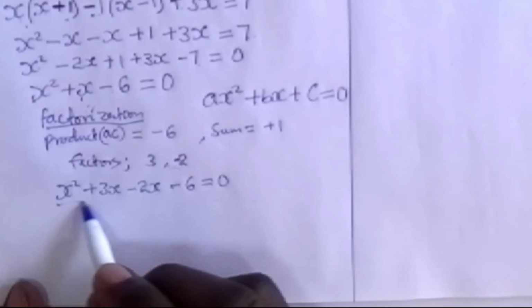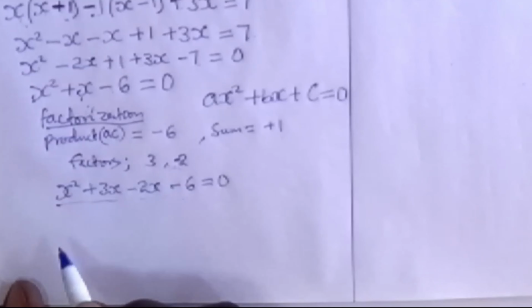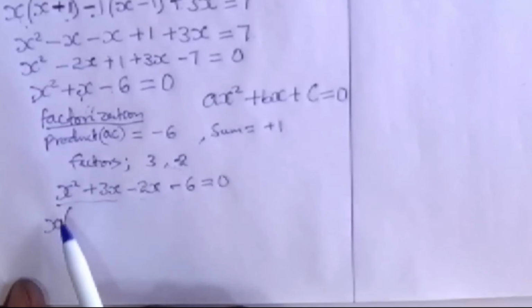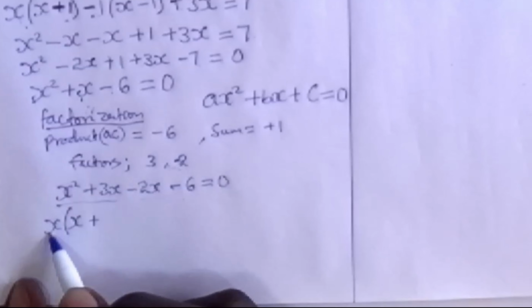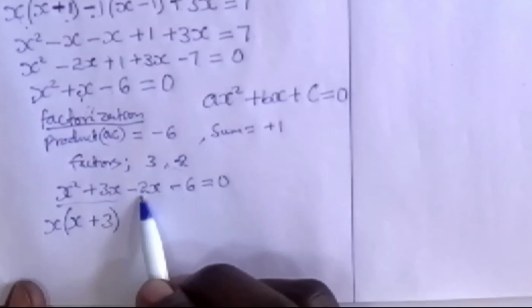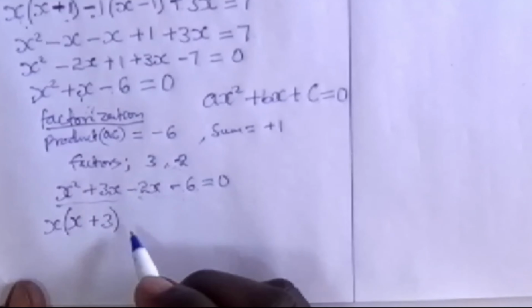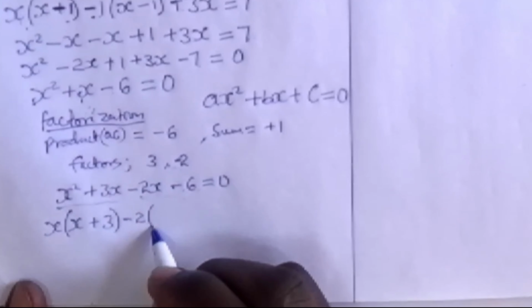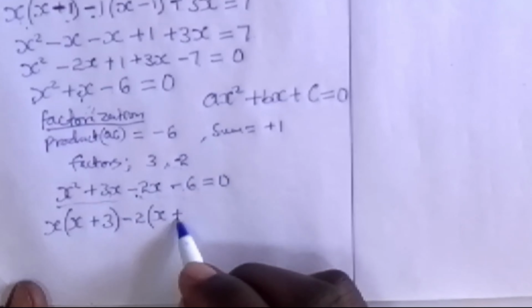Then we take the terms in pairs and factor out what is common. In x squared plus 3x, x is common, so x squared divided by x gives x, and 3x divided by x gives 3. In the other part, minus 2x minus 6, minus 2 is common, so minus 2x divided by minus 2 gives x, and minus 6 divided by minus 2 gives plus 3.